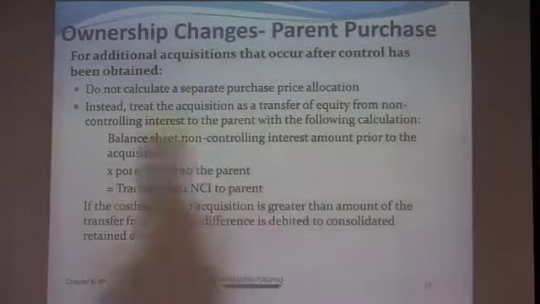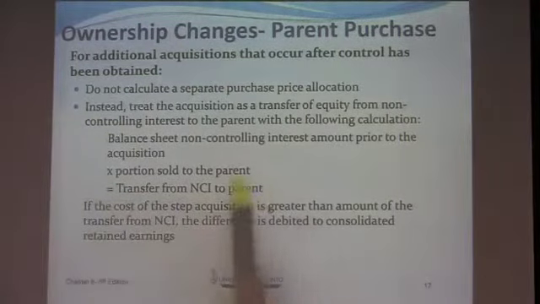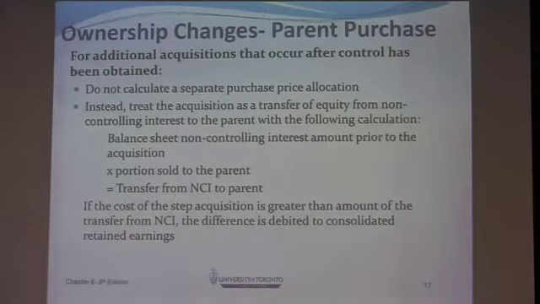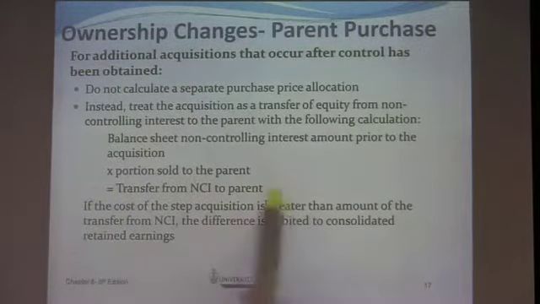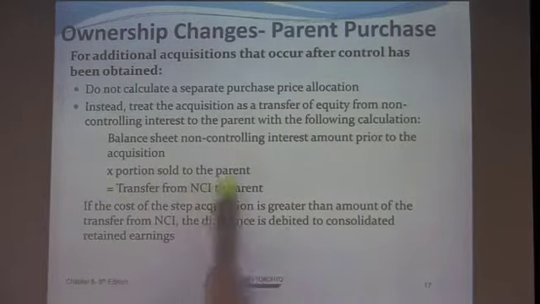So this is what we're going to do with Regent. In the Regent and Argyle question, we take the balance sheet non-controlling interest prior to the acquisition, multiply by the portion of it that's sold to the parent, and that's the amount that we're going to transfer from non-controlling to the parent.